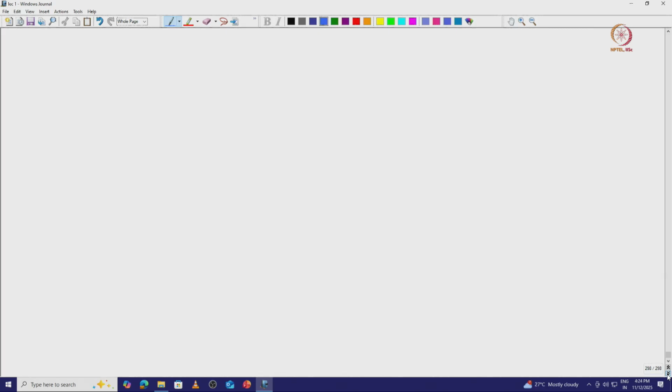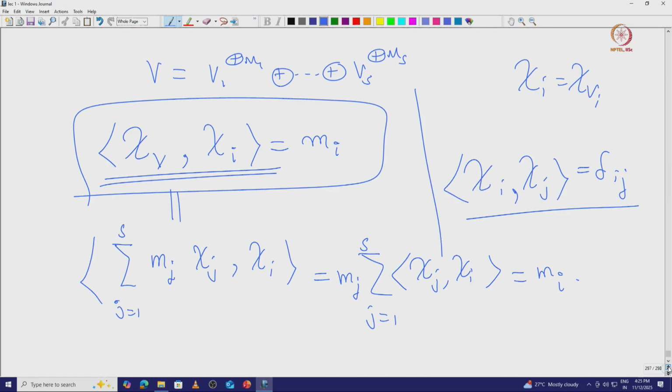And this also gives us, as an immediate corollary, an irreducibility check for a given representation. It is easy to see that a representation is irreducible if and only if, in terms of the character, the inner product is 1, because we have already seen that the inner product is always this Mi.